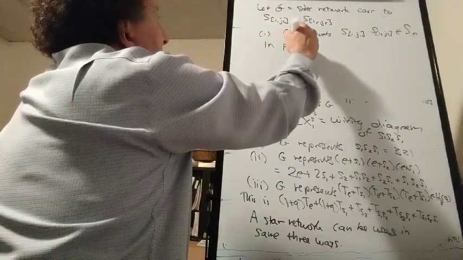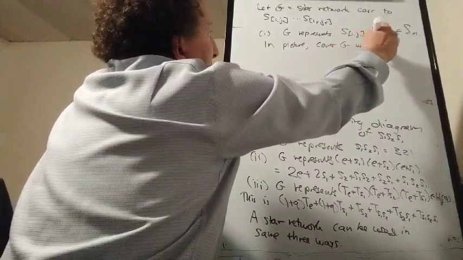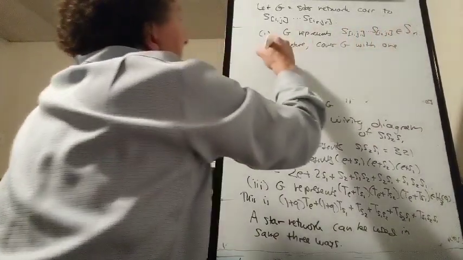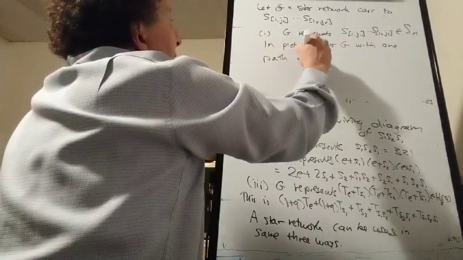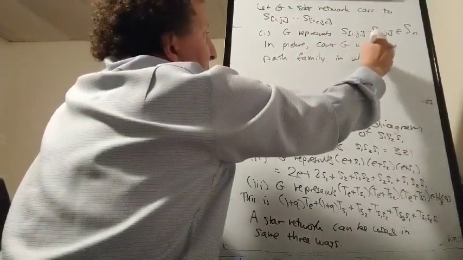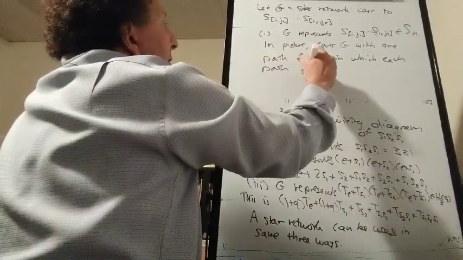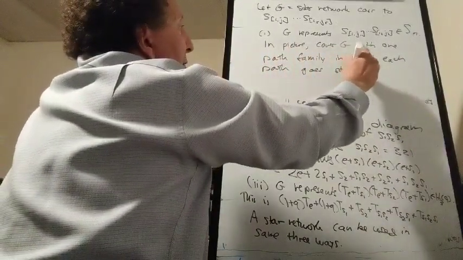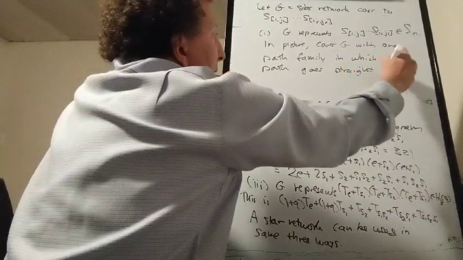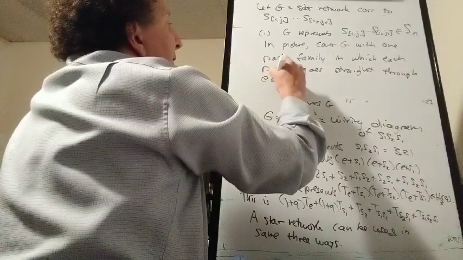So in the picture, you cover G with one path family in which each path goes straight through each intersection.